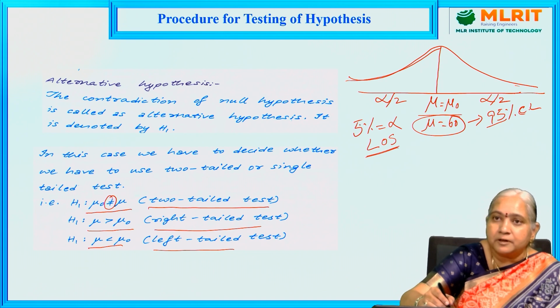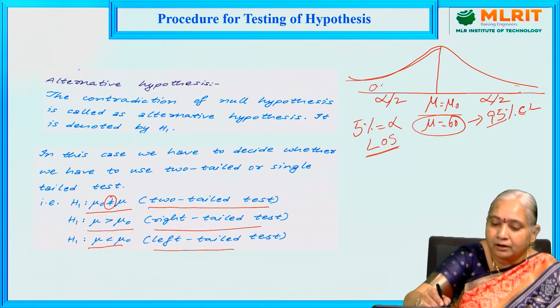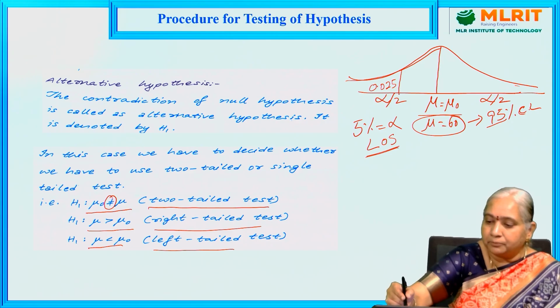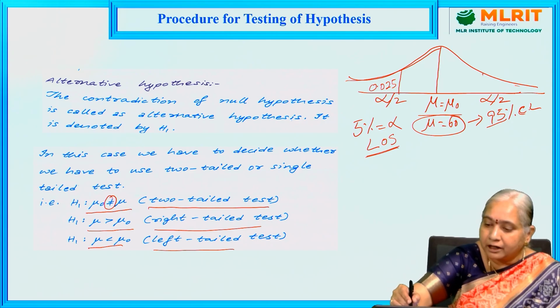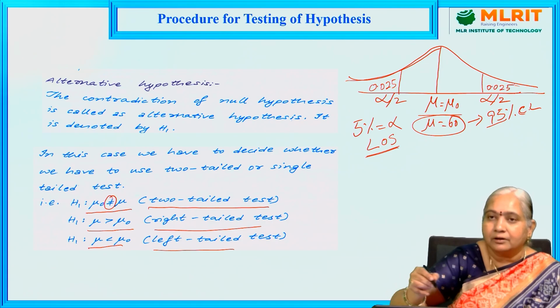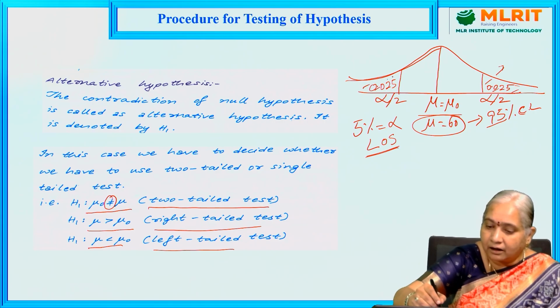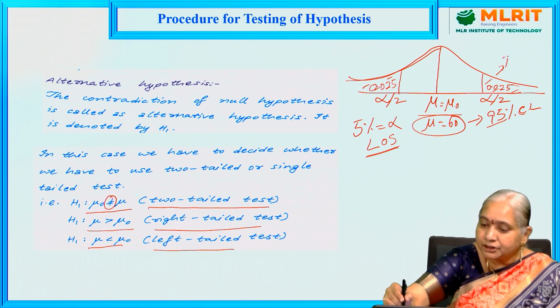So the 5% is alpha, and alpha by 2 means 0.025. This is alpha by 2. Similarly, on the right of the mean also 0.025. So this is alpha by 2. Now this area is called the rejection region.